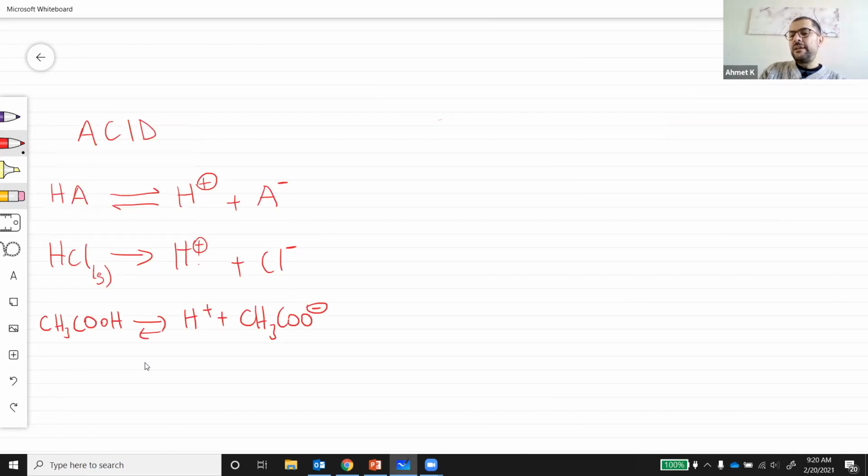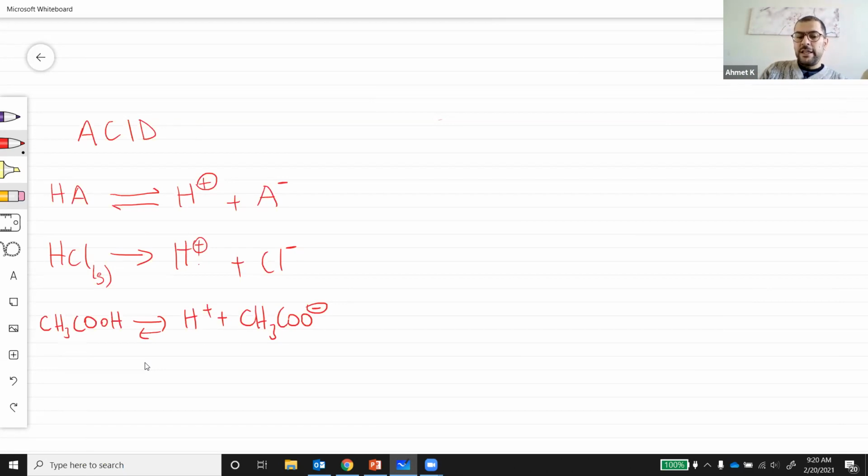Again, this depends on how strong the acid is. If the acid is strong, it means that you're going to have a lot of H pluses in solution, and therefore the reaction is going to move forward in one direction. But if the acid is weak, such as acetic acid, and acetic acid is weak because we can eat it. If it were a strong acid, we wouldn't be eating it. It would destroy us, right?